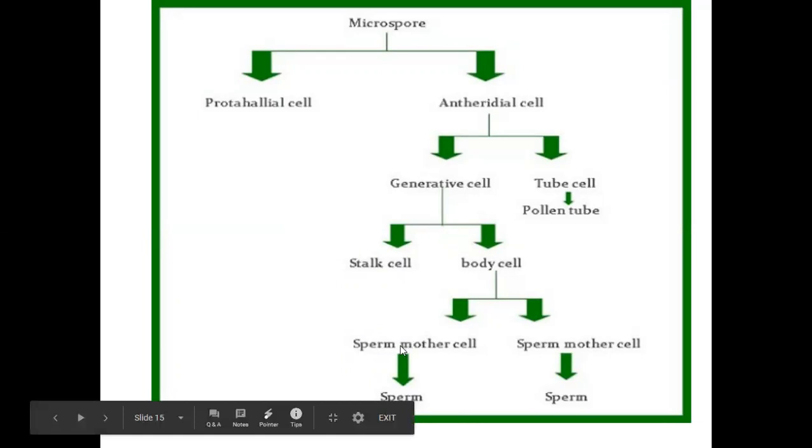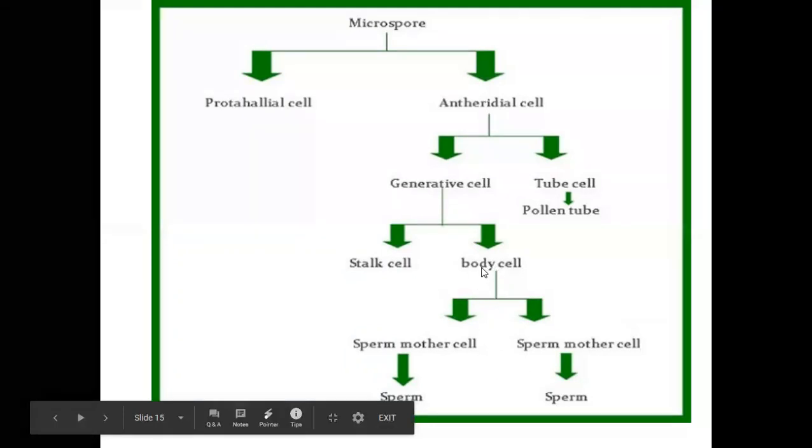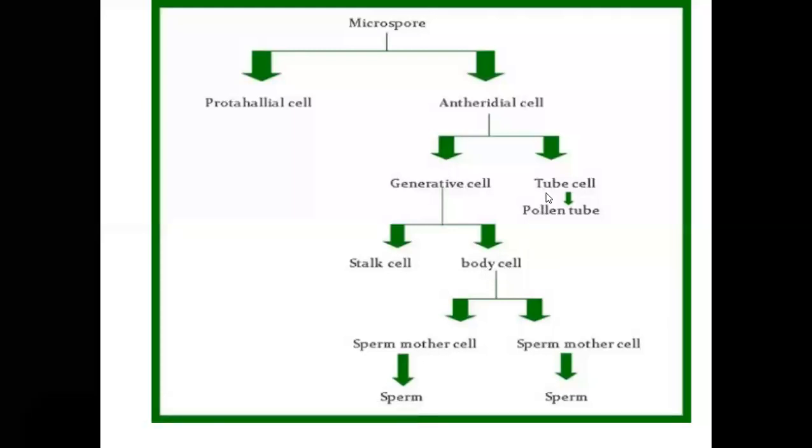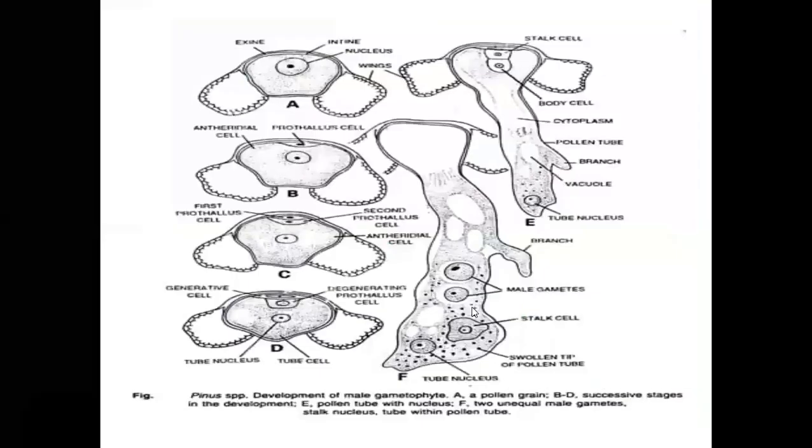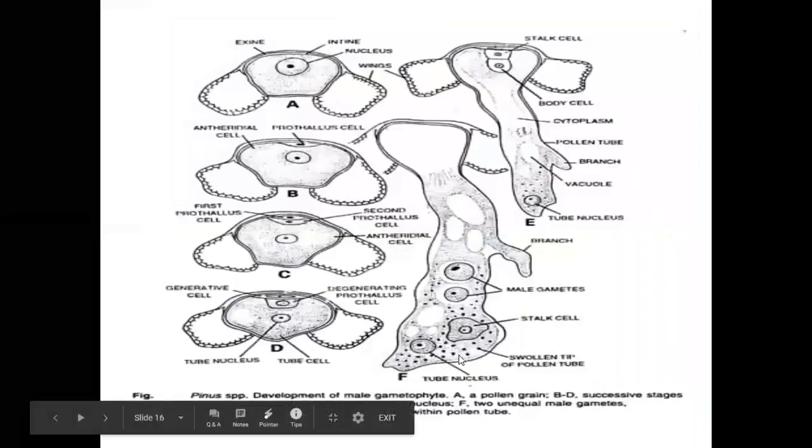The 2 equal cells are called sperm mother cells. The sperm mother cells directly develop into sperms. During the division of the body cell, the tube cell develops into the pollen tube. Finally, the pollen tube contains 2 equal male gametes.